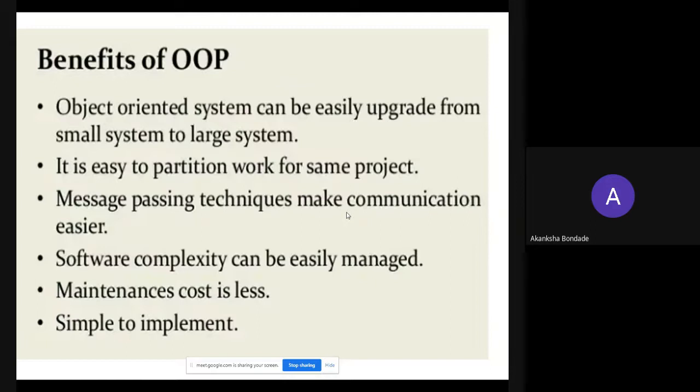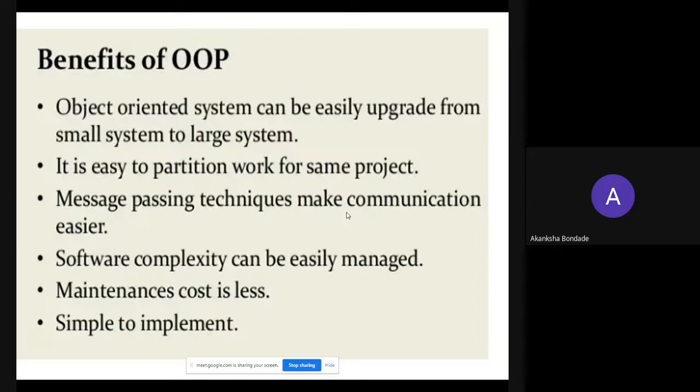Then the message passing technique makes communication easier. OOPS provides message passing functions. That's why communication between two functions is easier. Then software complexity can be easily managed. Here we design small modules and only the useful functions are called.